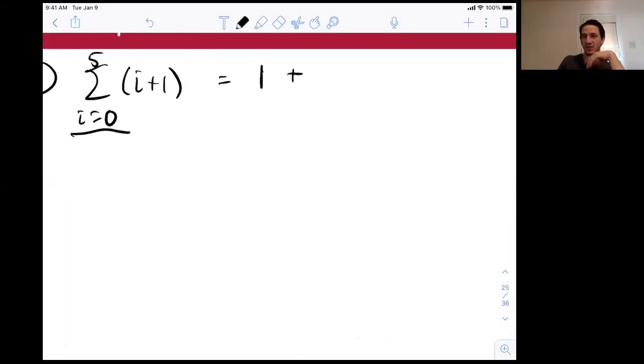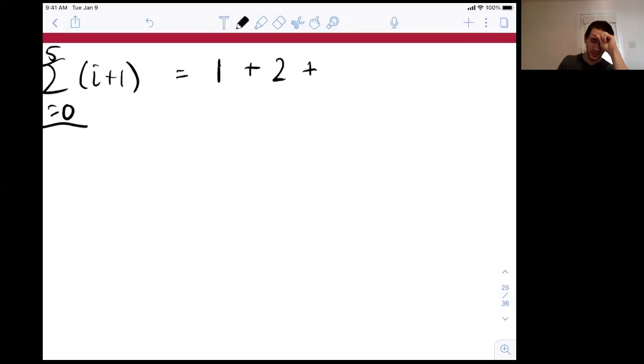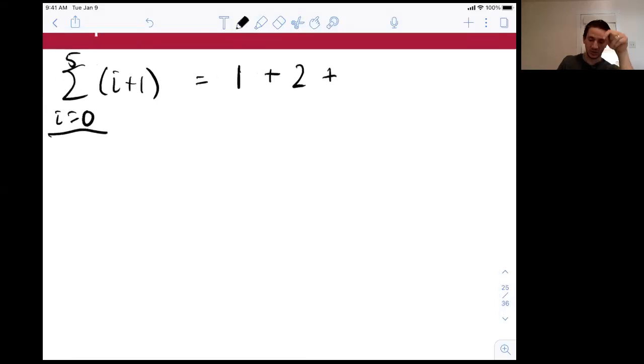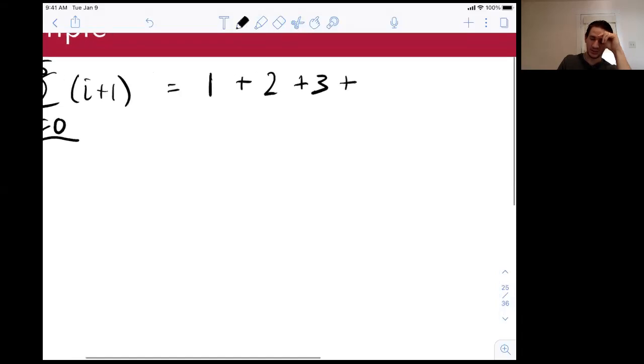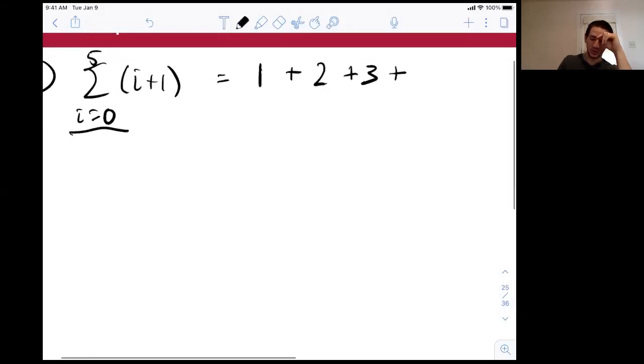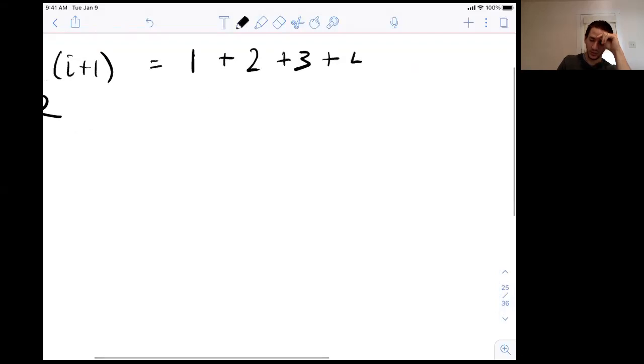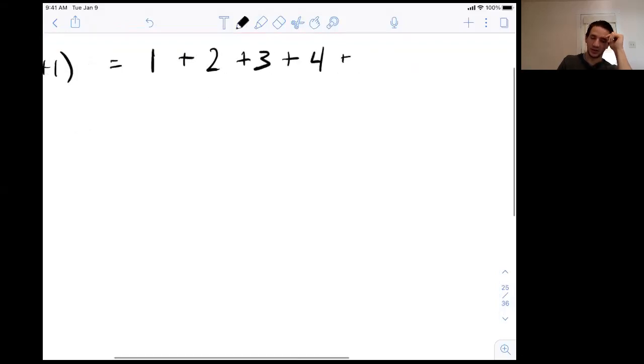Then I increase i by 1. So now i is 1. Then i plus 1 is 2, plus. Then i is 2, so i plus 1 is 3, plus. Then i is 3, so i plus 1 is 4, plus. And then when i is 4, we'll get 5. And when i is 5, we'll get plus 6.